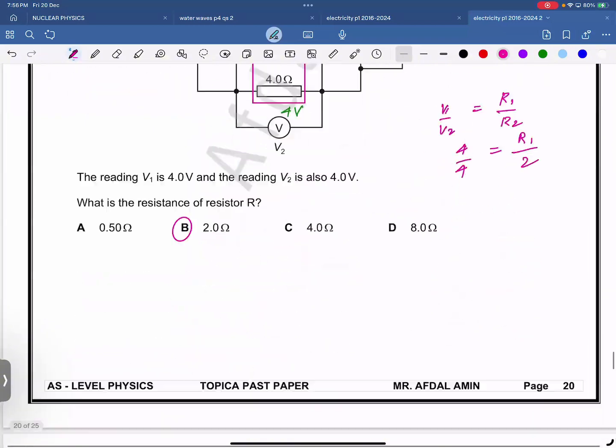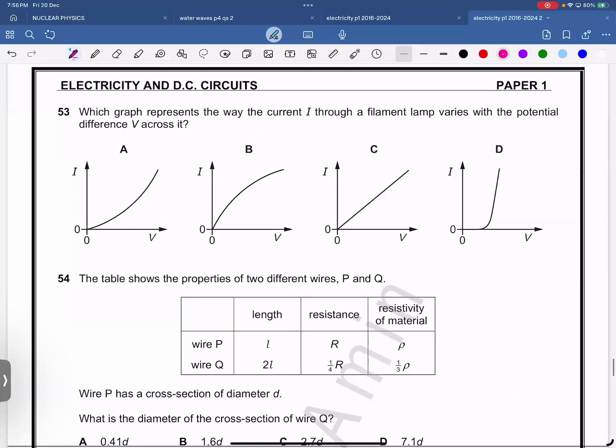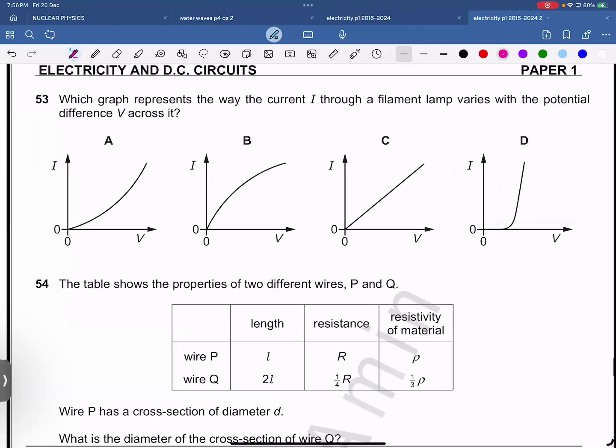Question number 53. Question 53 is not repeated, but I will just give you the name of each. The graph which bends away from voltage is the thermistor. The graph which bends away from current is a filament or heater. The straight graph is a metallic conductor with fixed resistance.